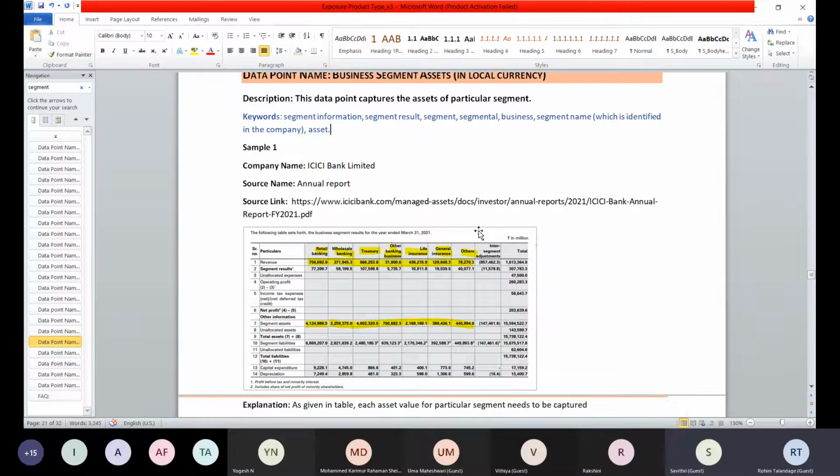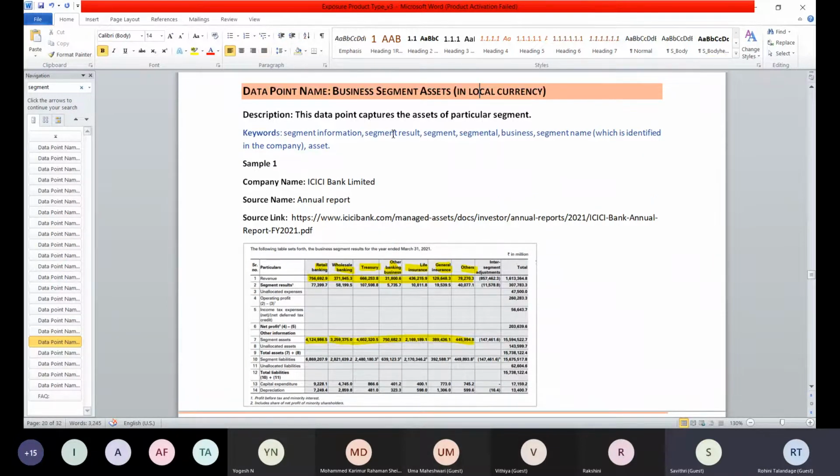Now our next data point is business segment assets. For this, you have to check, for each business segment they will provide the asset details. For this also you can go with the business segment name.